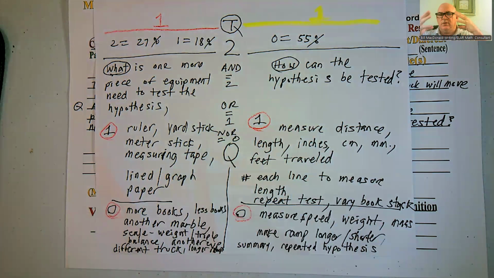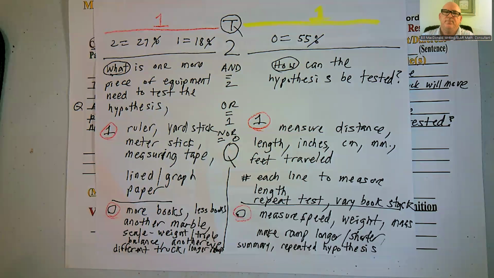And so just like part A, part B, answer and evidence, if I have the answer and the evidence, I'm going to get 2 points. And it doesn't matter which one was written first. If I have the answer or the evidence, I'll get 1 point. And if I have neither the answer nor the evidence, I will get 0 points.